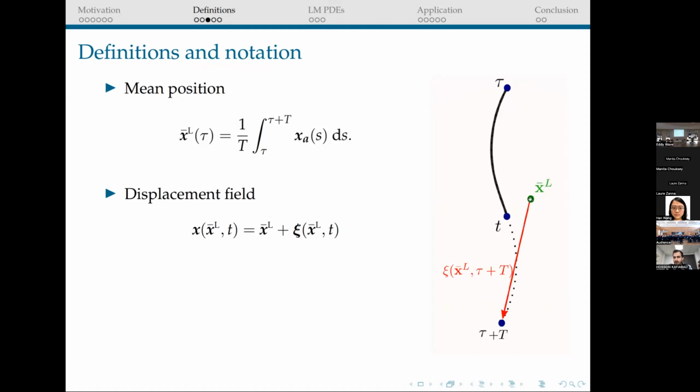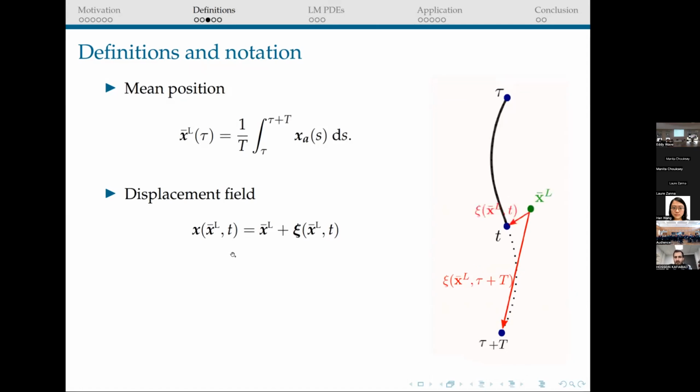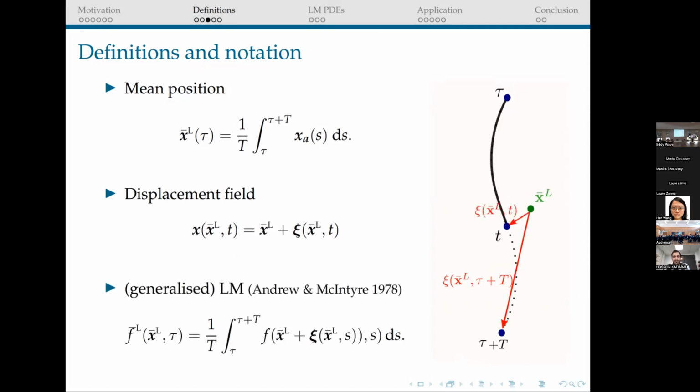For example, at time tau plus t, which is the end of my averaging interval, this xi maps the mean position to the position of the particle. And then I use the generalized Lagrangian mean definition, which assigns the Lagrangian mean of this particle trajectory to this mean position, which I showed with x bar L. So basically, I explained with a mathematical formula what I described earlier.